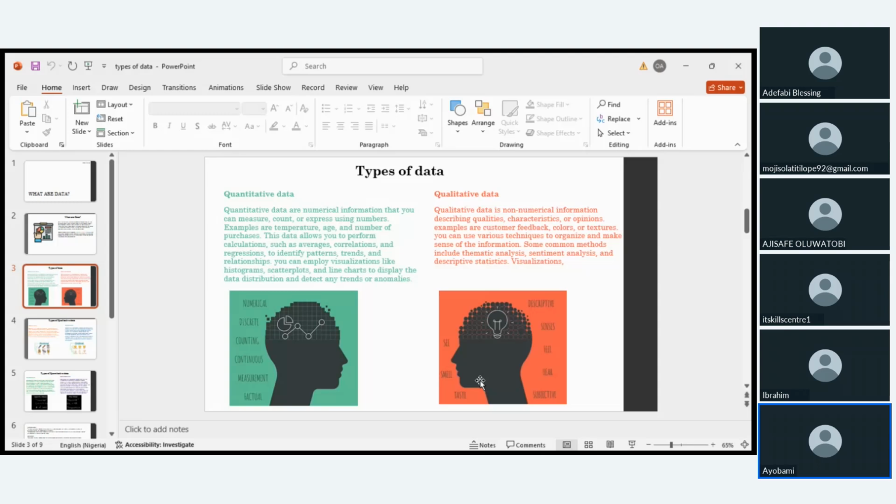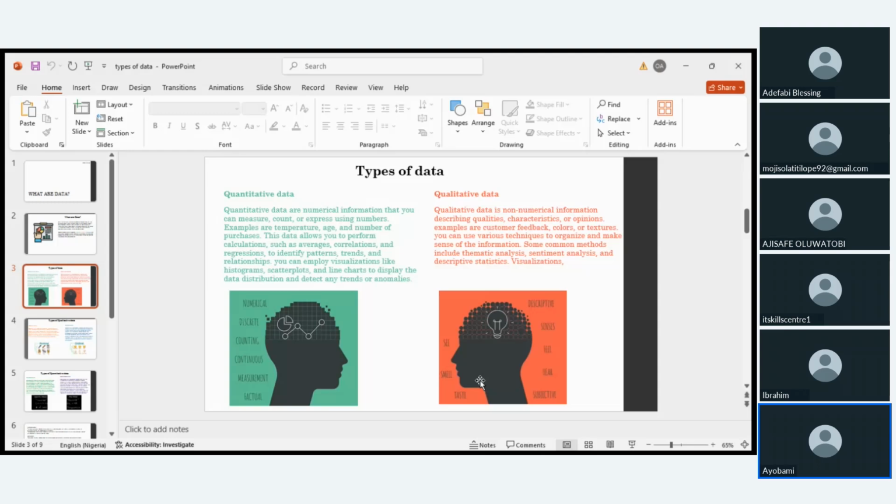Because they are quantitative, they take the form of numbers. That means they can be measured and counted, and so it allows us to do certain kinds of analysis on them.